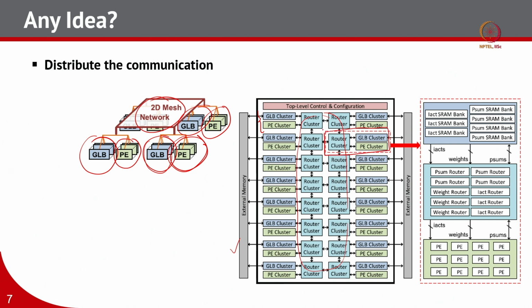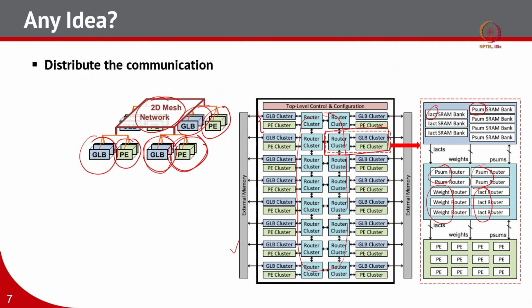Now, if we look inside this router cluster and global buffer cluster as well as the PE cluster, we will see that in the global buffer cluster there are SRAM banks to hold the input activation as well as a separate SRAM bank to hold the partial sum, right. And in the router cluster, we have a separate router cluster for partial sum, a separate router cluster for weights, and then a separate router cluster for P sum as well as the input activation.